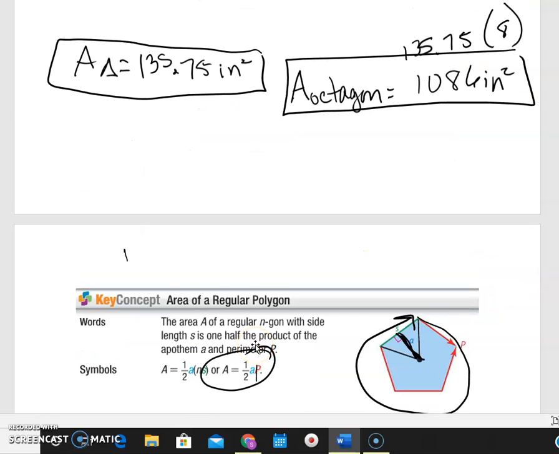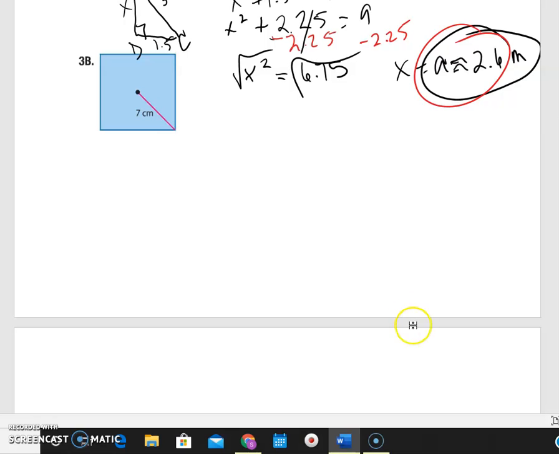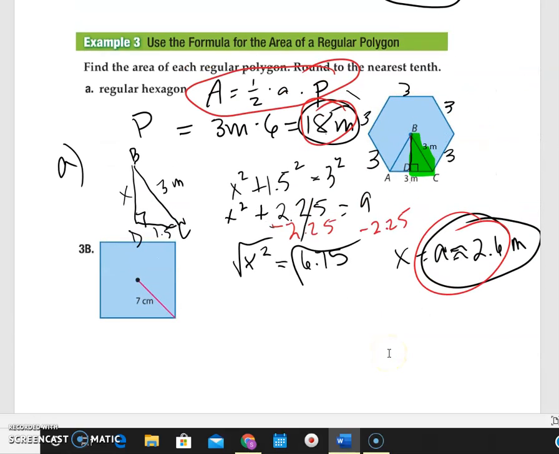So that gives me the area is 1/2 times 2.6, which is the apothem, times the perimeter, which is 18. And so the area of the polygon is 23.4.